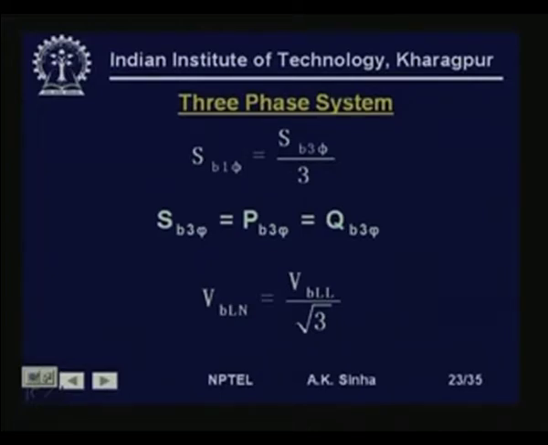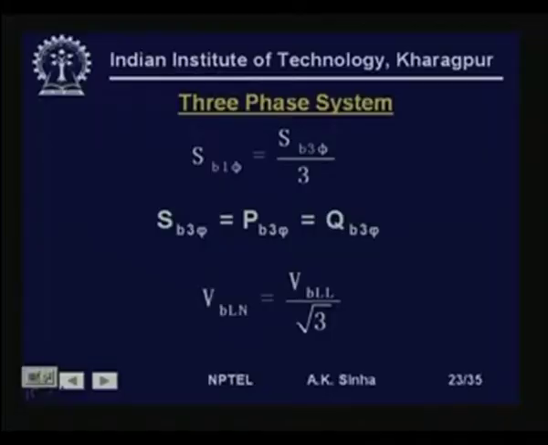We know that for any equipment rating, if we have the three phase rating, then the per phase rating is going to be 1/3 of that. Similarly, we can choose the three phase base for power, complex power, which will be valid for the real power as well as the reactive power. So, S base 3 phase is equal to P base 3 phase is equal to Q base 3 phase.